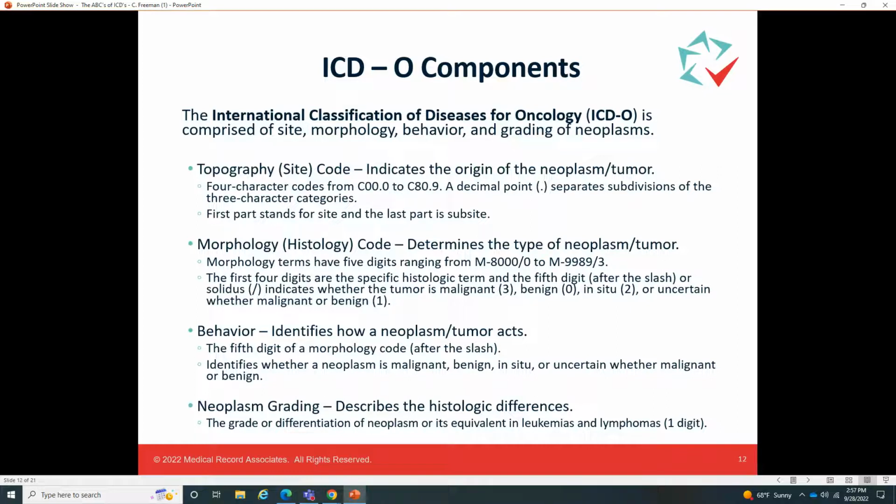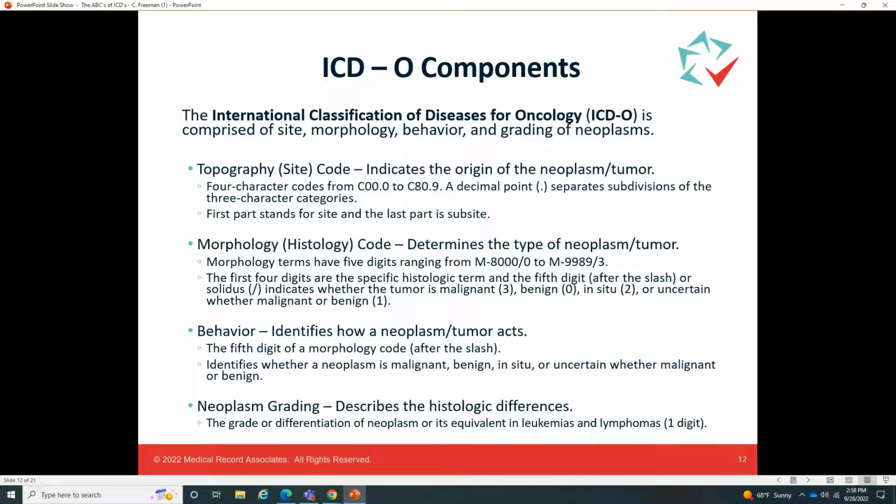Now let's jump into more detail for the behavior. It identifies how a neoplasm and/or tumor acts. This is the 5th digit after the slash or solidus mark of the morphology code. It identifies whether a neoplasm is malignant 3, benign 0, in situ 2, or uncertain whether malignant or benign 1.